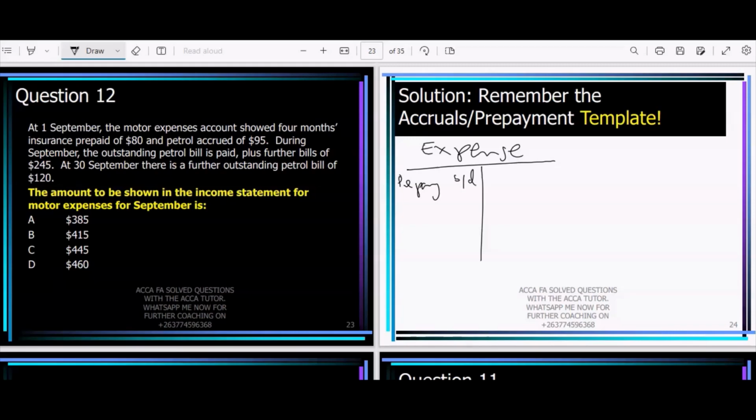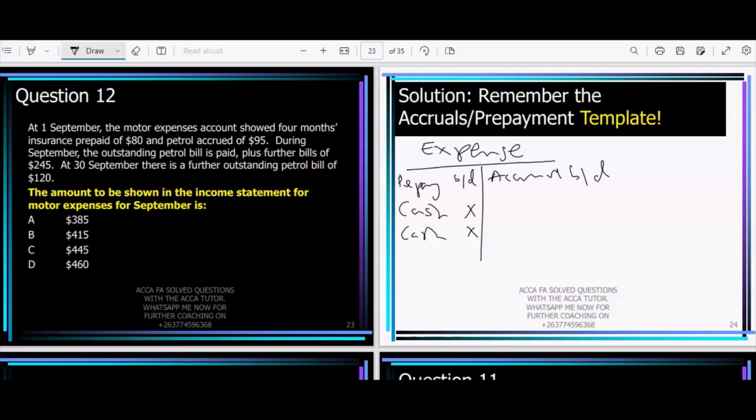And if we have an accrued expense, or accrual BD, then we put the accrual BD on the credit side. If we made some cash payments related to the expense, we put them on the debit side, because we will be increasing the expense. Whatever payment we made, we put it on the debit side.